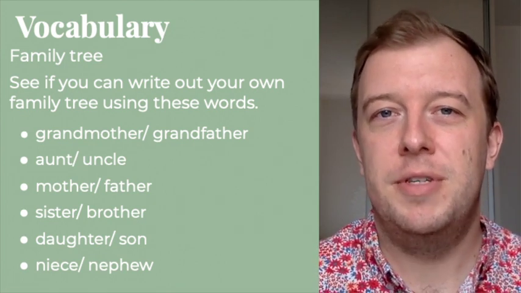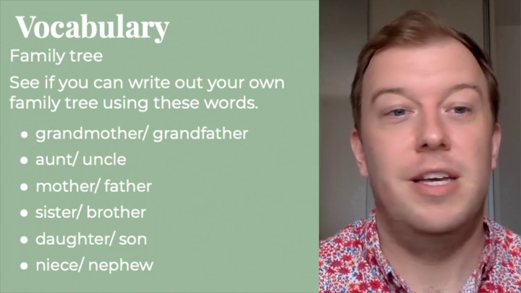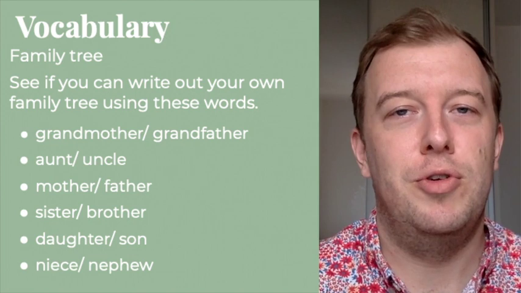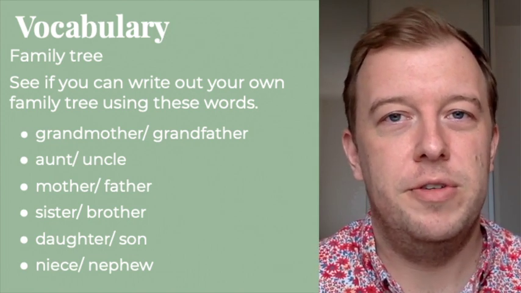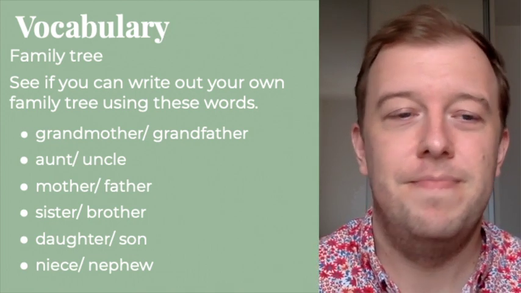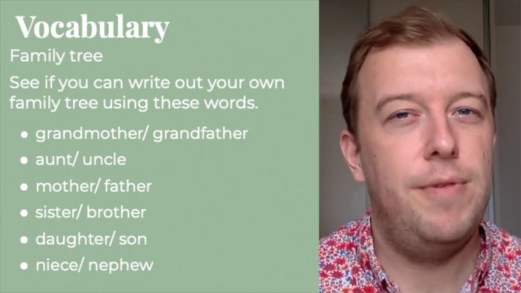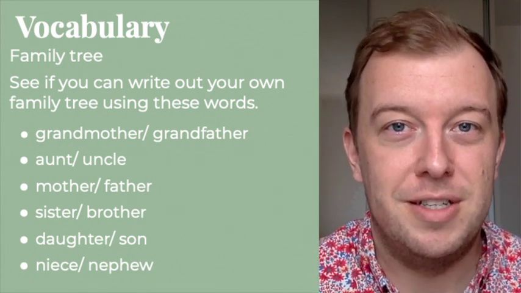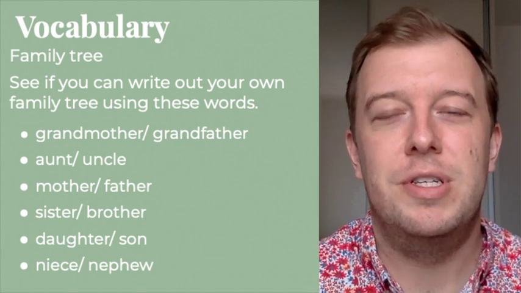But see how specific you can get. Again, you could even take it a step further than mine and list out your aunts, uncles, nieces, or nephews. And by the way, if you are stuck, you can absolutely Google family tree to see many, many interesting real life examples.